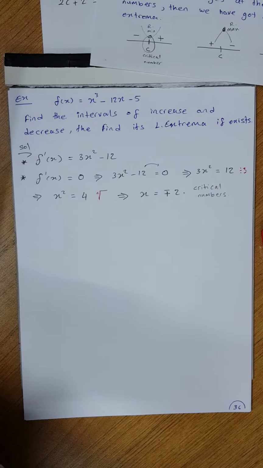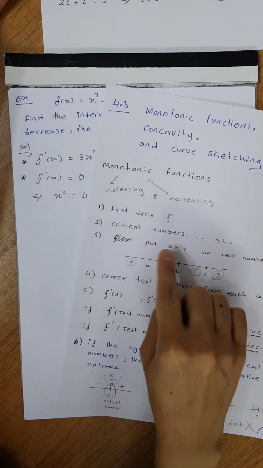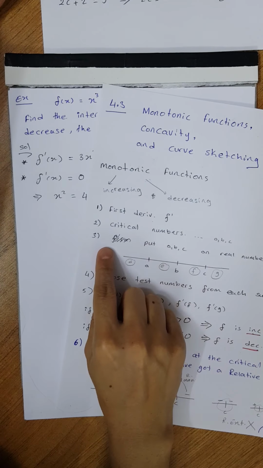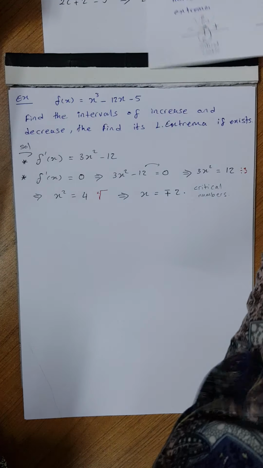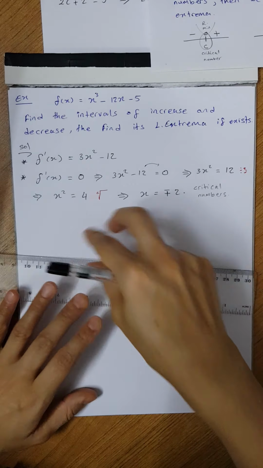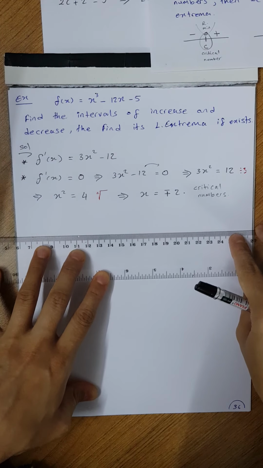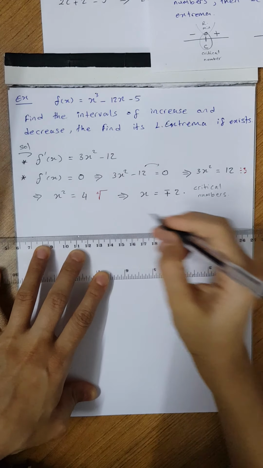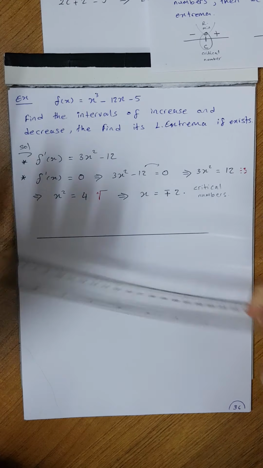Okay? Now, since we found the first derivative and the critical numbers, the third step is what? I'm putting those critical numbers on the real number line. I will make it here so that I have some space for later, for finding increasing and decreasing, the monotonicity.